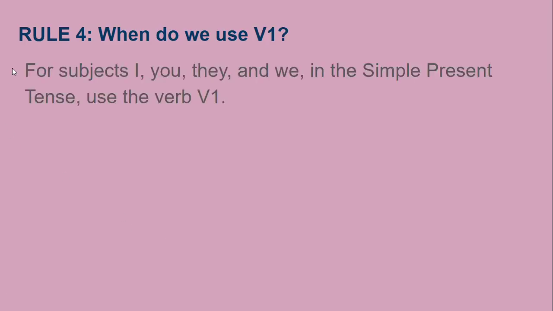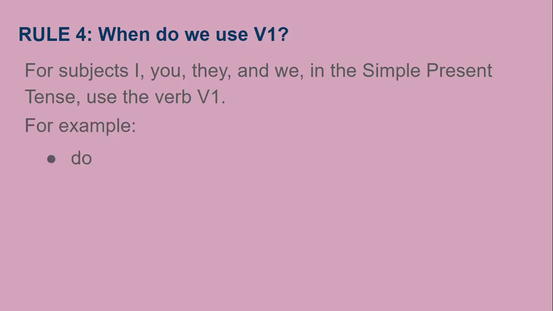The rule says, for subjects I, you, they, and we, so it's no longer he, she, it now. In the simple present tense, use the verb V1. So it means if your subject is I, you, they, or we, in the simple present tense, then use the verb as it is. Do not change it at all.